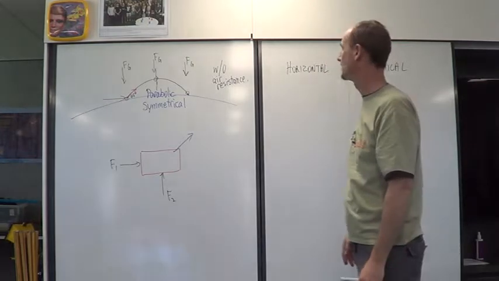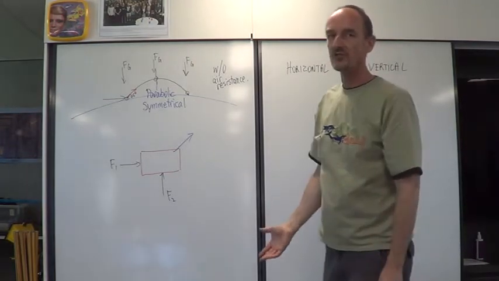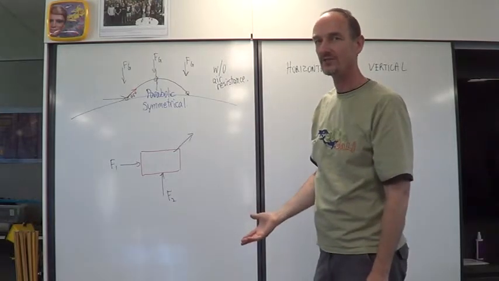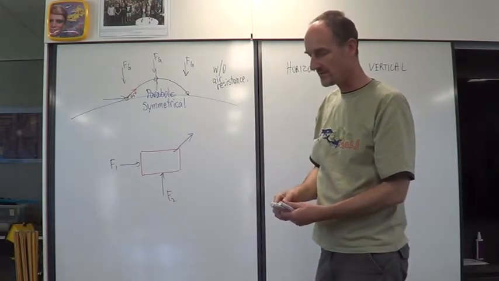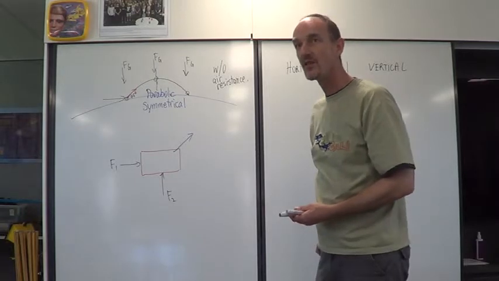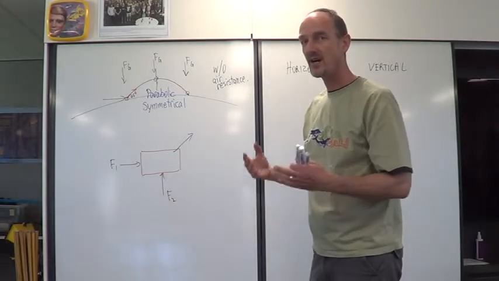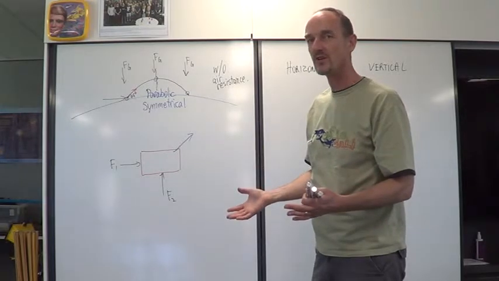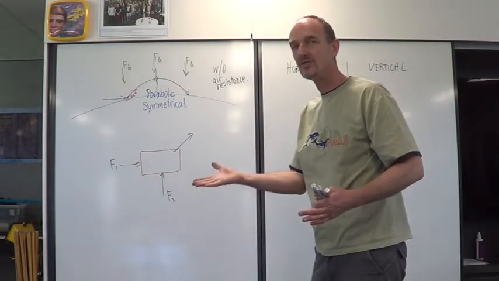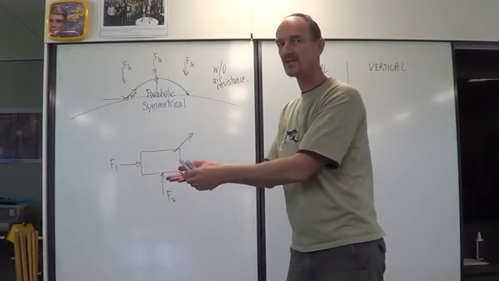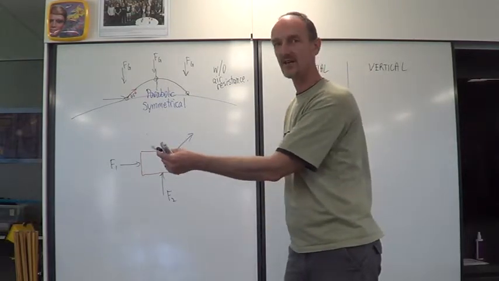Alright. What about the horizontal direction? Is there any force acting in the horizontal direction? Well, after you throw the ball, okay, so there's a force from your hand, but that's not the motion we're talking about. We're talking about after you let it go, right? So you throw the ball, and we're looking at the motion after you let it go.